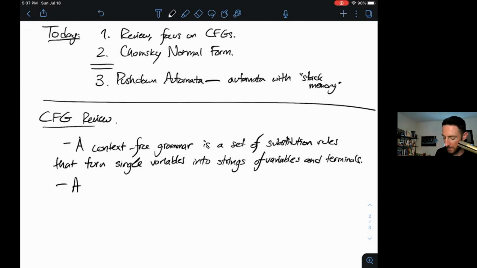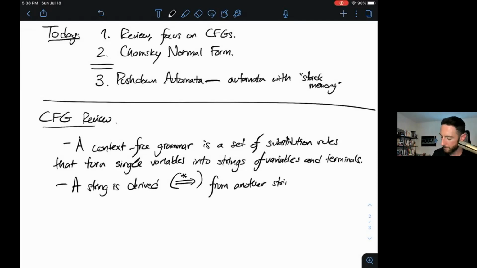We say that a string is derived, and we use this arrow with a star above it, from another string if it can be obtained by repeated substitutions.